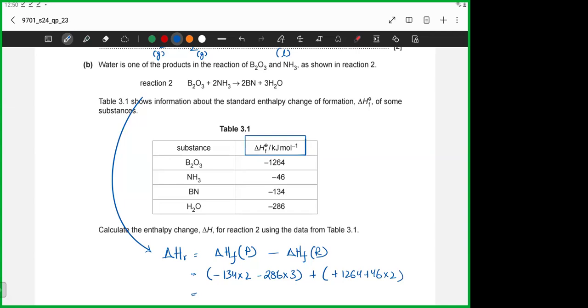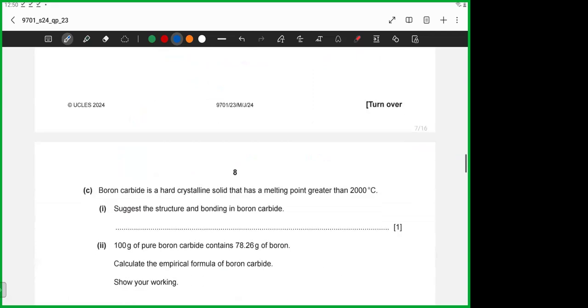I'm getting 230. Let me do it again. I'm getting the same answer now. You have to be very careful with your calculator.